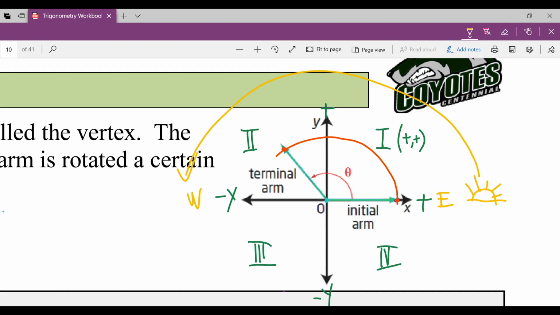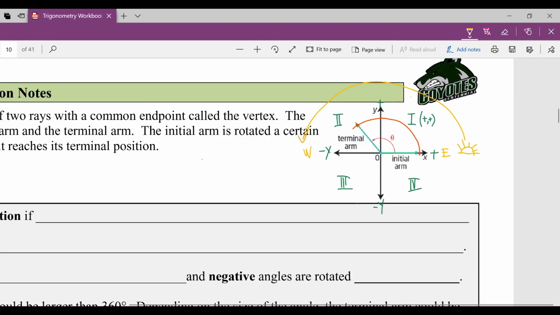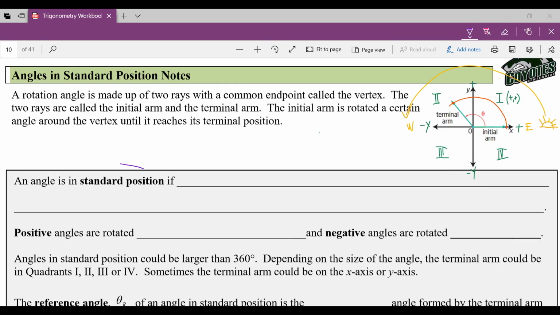And so by convention, a convention set thousands of years ago, and based on trigonometry, east is the positive direction. And when we're talking about how the sun moves through the sky, and when we're talking about how angles are formed, it is always going to be in the counterclockwise direction. This is counterclockwise.